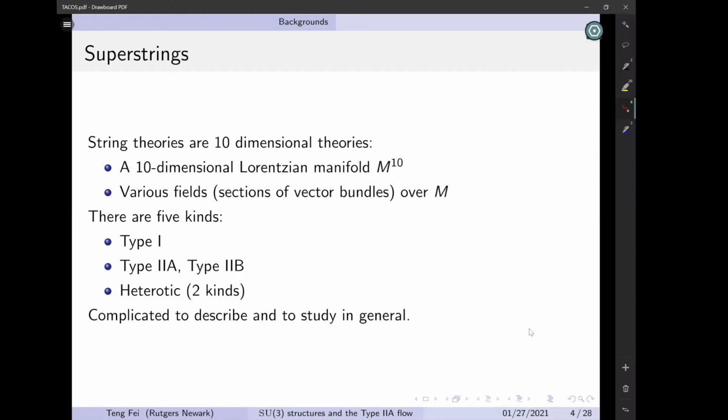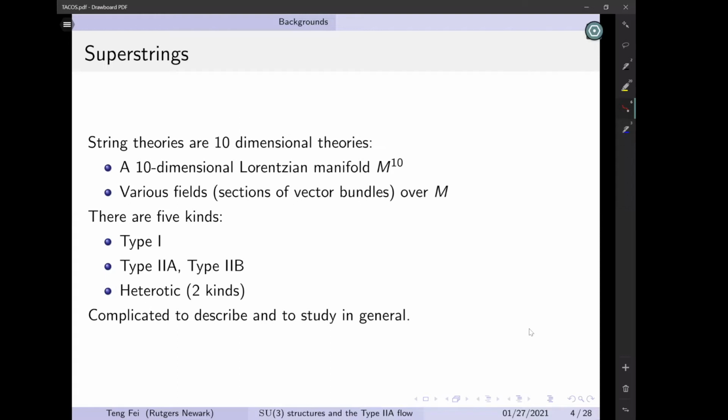You can just think of these fields as sections of certain vector bundles over M. And we know there are actually 5 kinds of string theories. There's type 1 string and type 2A and type 2B, and there are 2 kinds of heterotic strings with different gauge group.